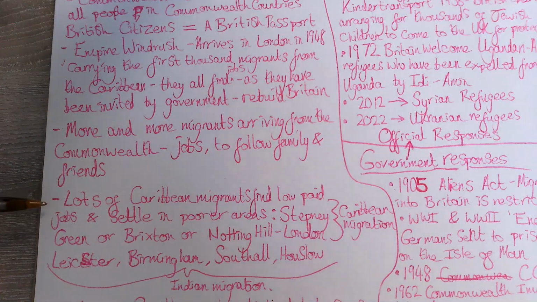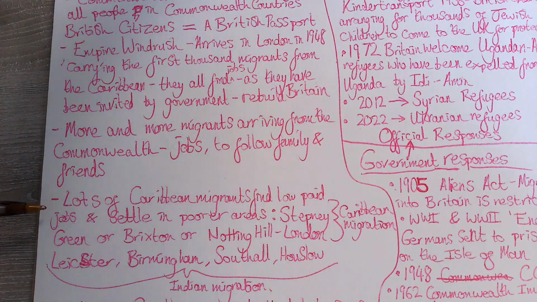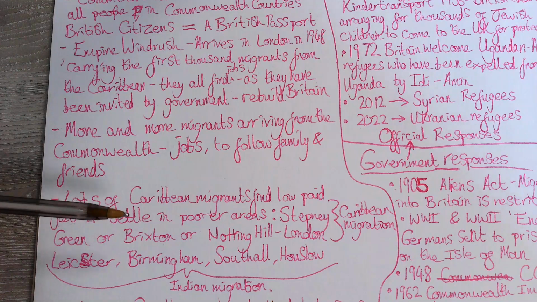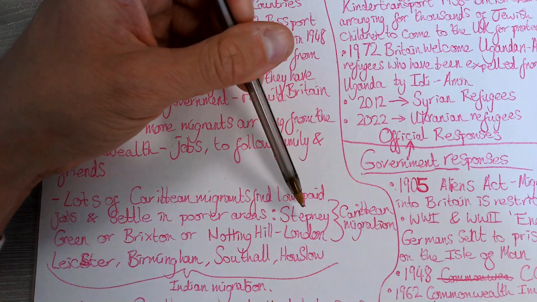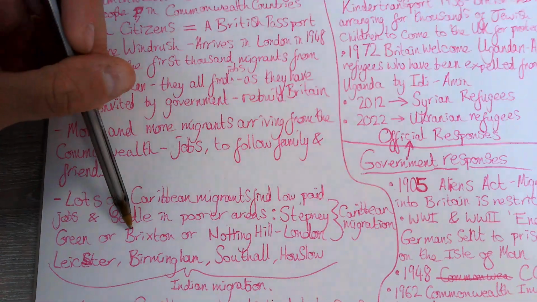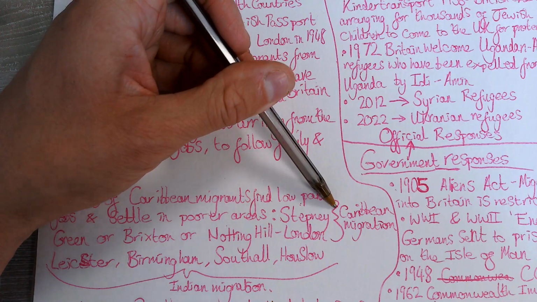And lots of those Caribbean and Indian migrants are finding jobs, but they tend to be low-paid jobs, and they're therefore settling in the poorer areas of typically cities. Areas in London like Stepney Green, Notting Hill and Brixton tend to be places where Caribbean migrants settle.